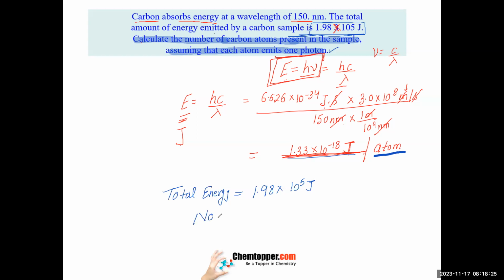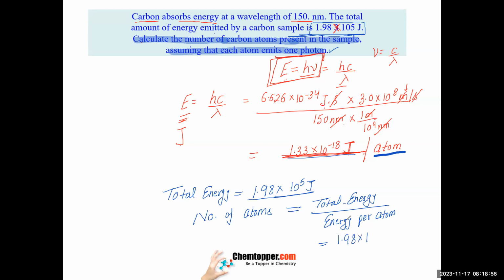So the number of atoms is the total energy which is given to you for the complete sample, divided by the energy of 1 electron, the energy per atom, the one which you calculated. Just plug in the values. Total energy is 1.98 times 10 raised to power 5 joules and 1.33 times 10 raised to minus 18 joules is the energy per atom.